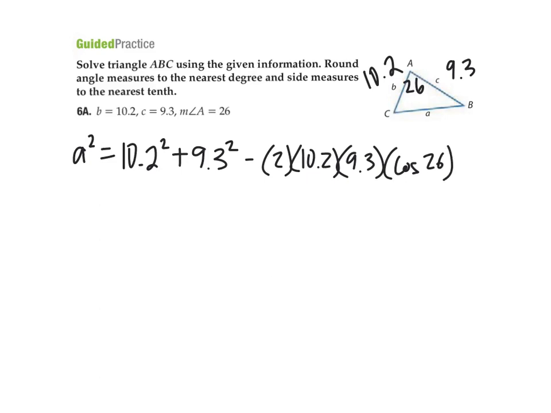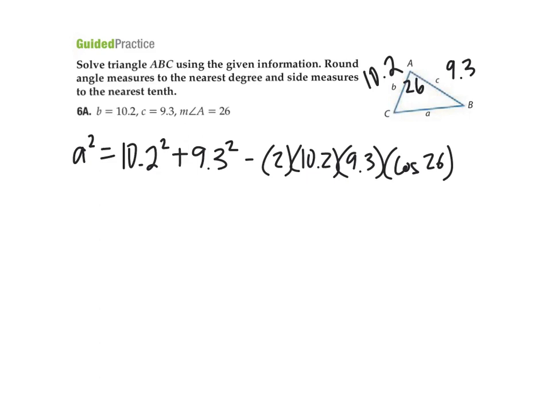The reason I have to start it off this exact way is because the 26 is across from the A, so therefore side A has to be first in my equation. It has to be a squared equals, and then everything else for the law of cosines.